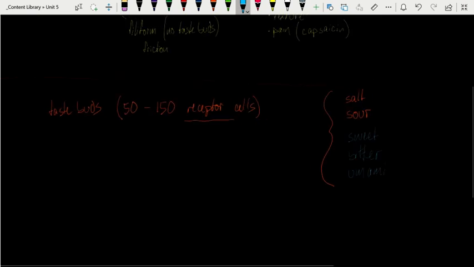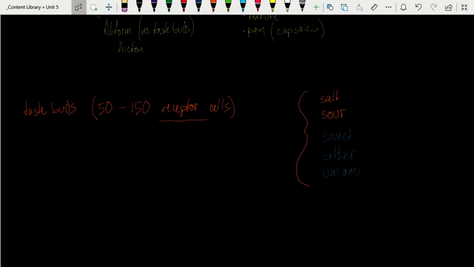But I want to go back to this idea of a taste bud, right? And we zoomed into one of those taste buds on one of the papillae. So if we look at our papillae, right, we've got this idea where if we go to circumvallate papillae, these taste buds, for example, are hanging out right up here.